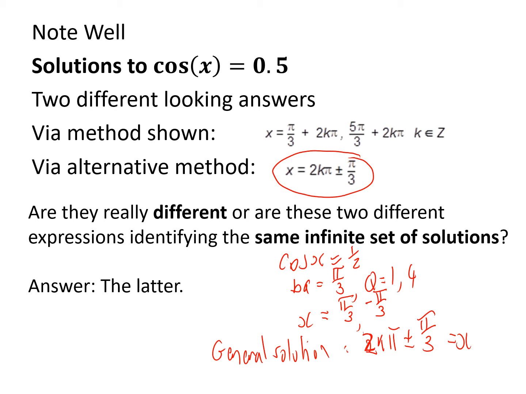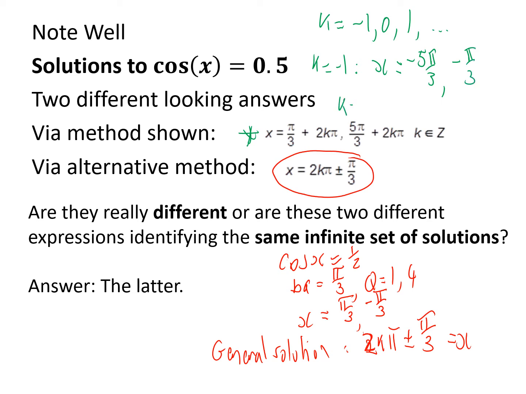And if you're ever in doubt, what you can do is actually just substitute a string of k values. So let's have a look at k from -1, 0, 1, etc. So in this form down here, form number 1, when k is equal to -1, it's describing x is equal to pi on 3 minus 2 pi, so that becomes minus 5 pi on 3, and 5 pi on 3 minus 2 pi, which becomes minus pi on 3.